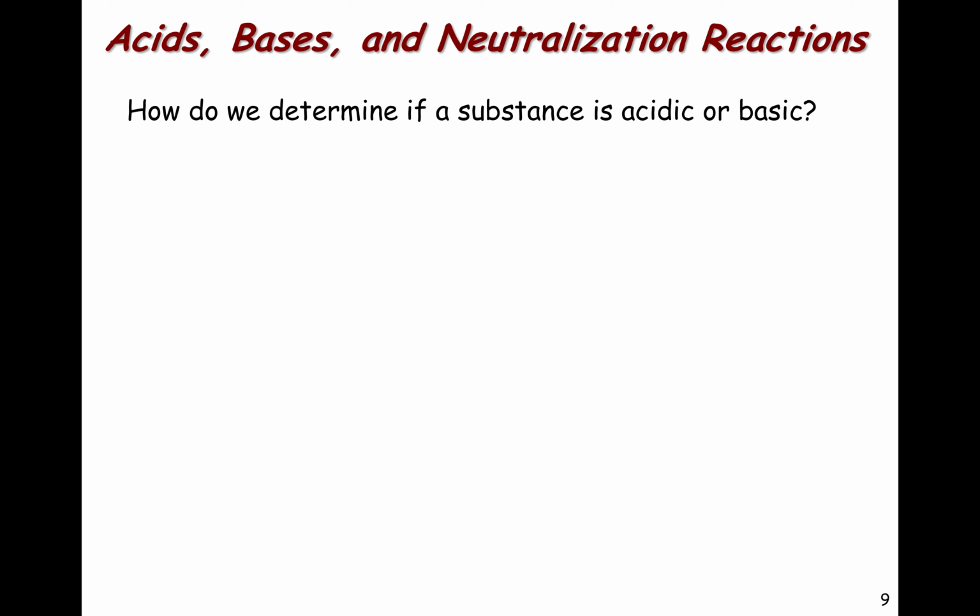It turns out that acids and bases produce solutions which are either acidic or basic, and oftentimes we can have compounds that produce different colors depending upon whether or not the solution is acidic or basic.